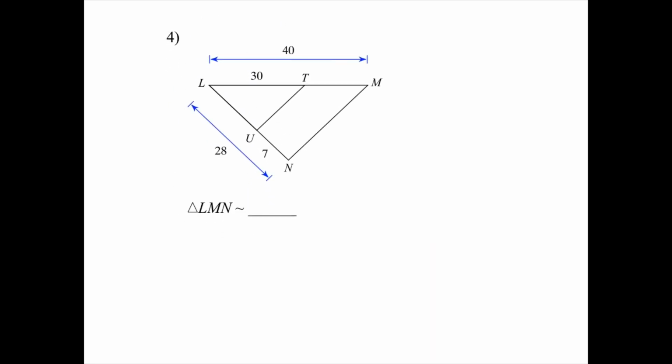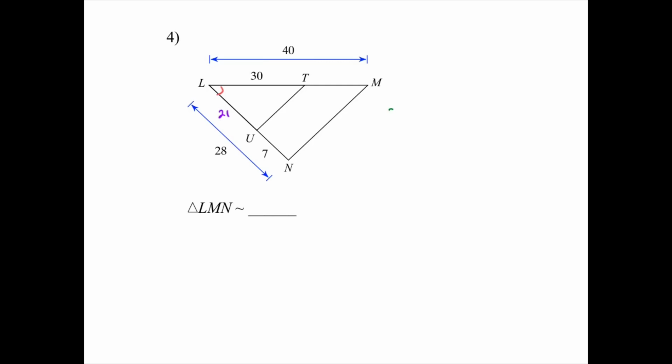Okay, so in this case, I know that angle L is congruent to itself by reflexive property. Right? I also know that because this is 28, U is 21 units. So I already have the angle. Now I need to see if those sides are in proportion.